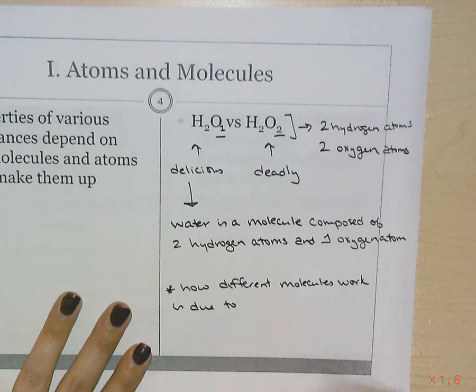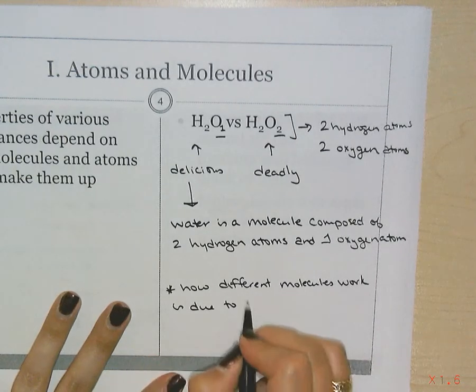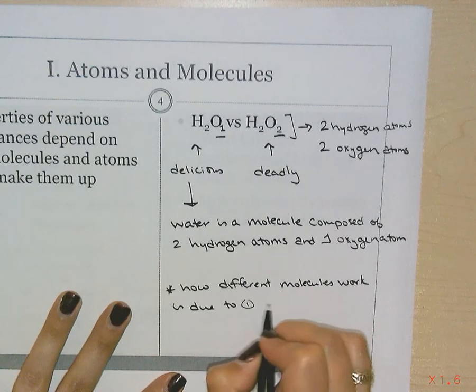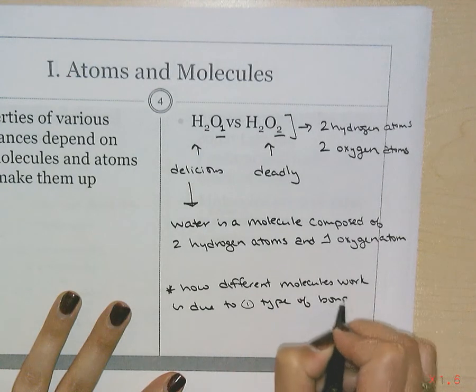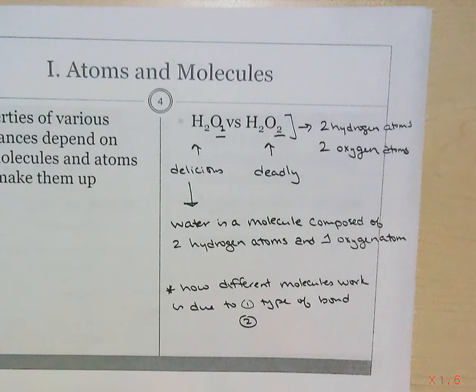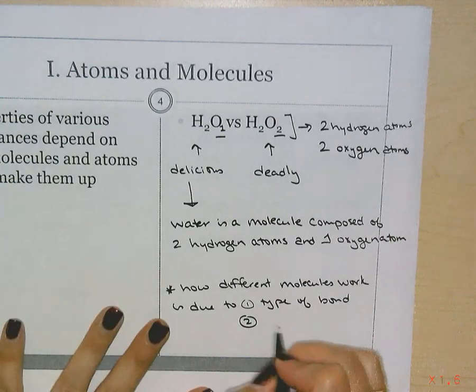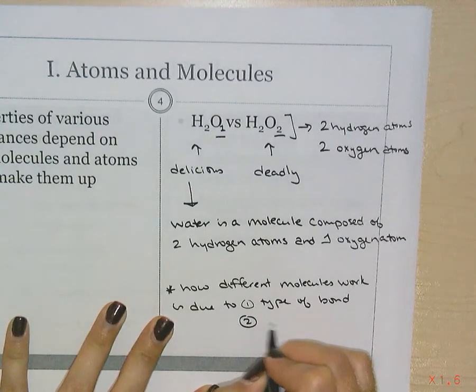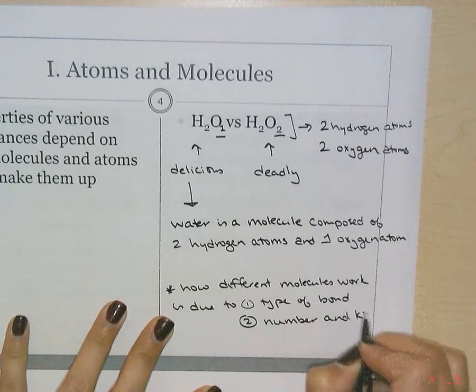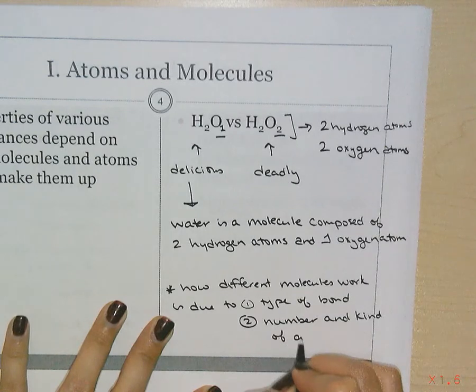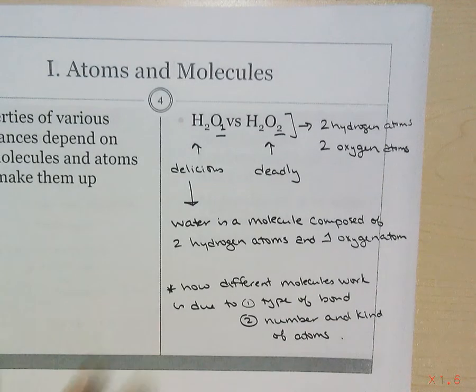I'd say 1, type of bond. How strongly are the atoms linked together? And then the number and kind of atoms that are being held together.